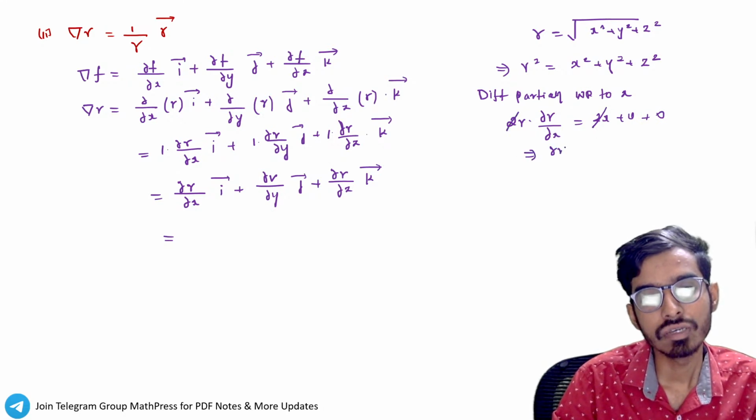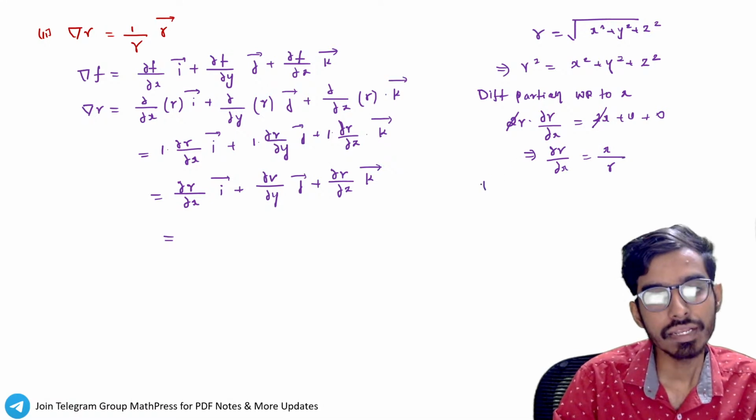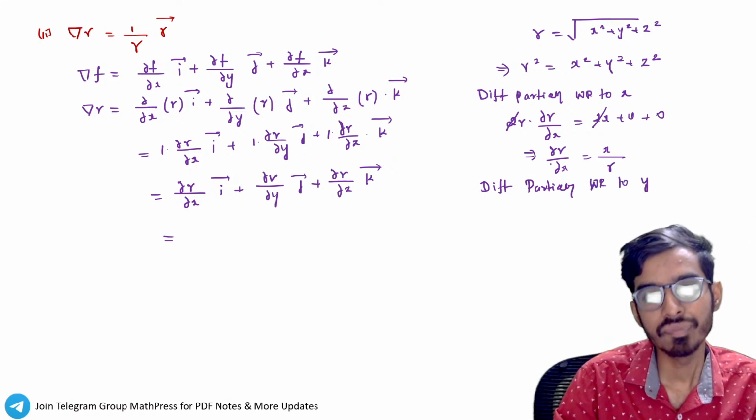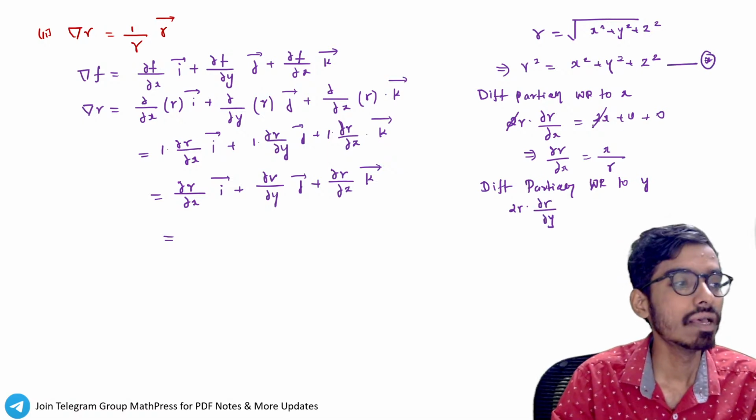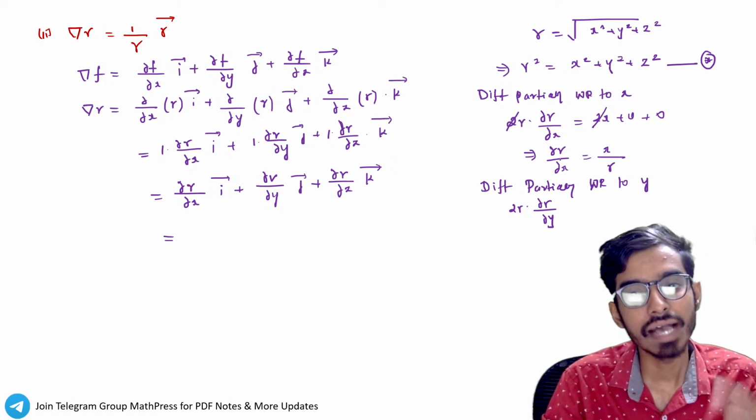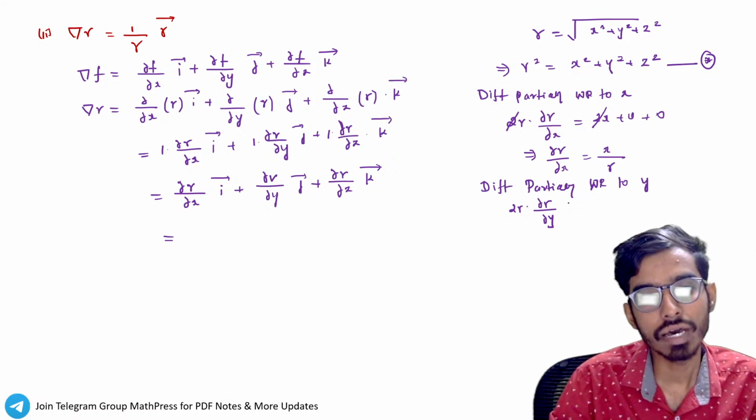This implies ∂r/∂x is equal to x/r. Similarly, differentiate partially with respect to y. This will be 2r ∂r/∂y.